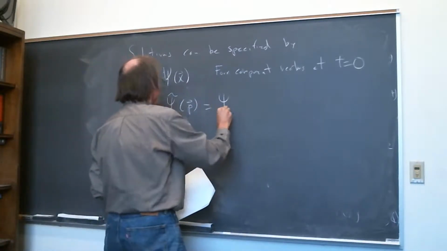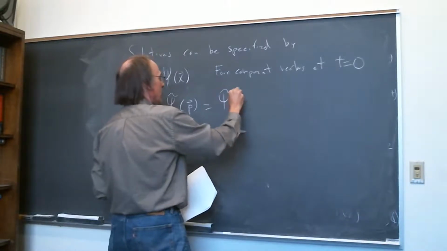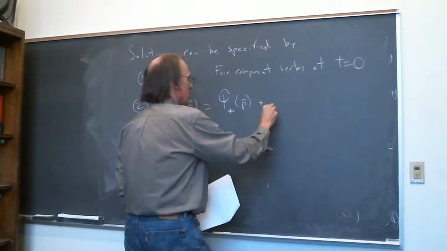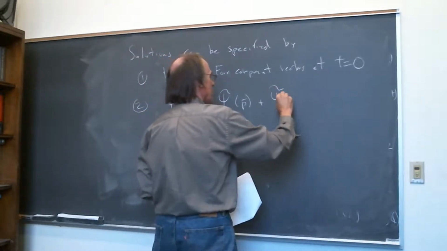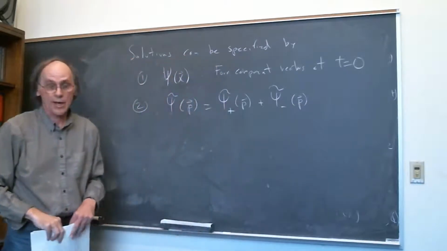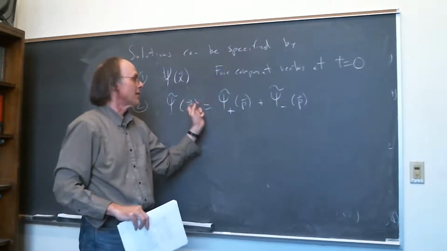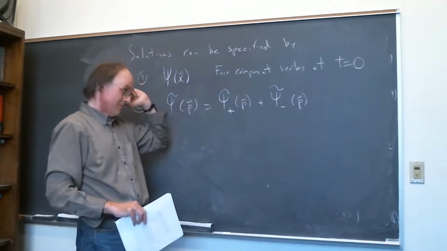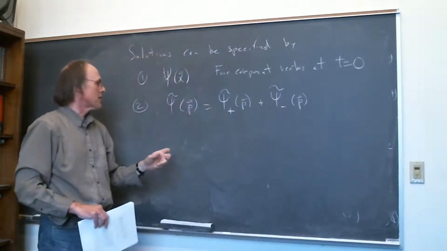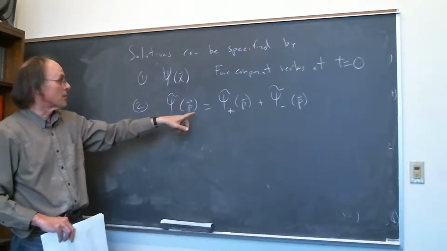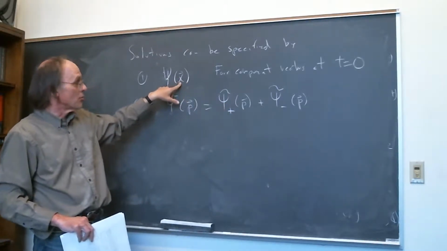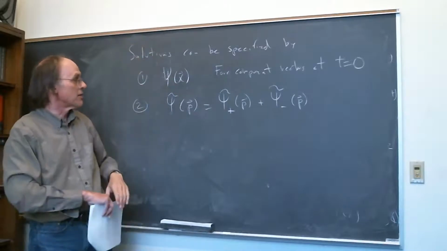So you're going to have psi plus tilde of p vector plus psi tilde minus p vector. So you're going to have twice as many possible solutions, because in some sense here there was no notion of positive or negative energy, but here there is.